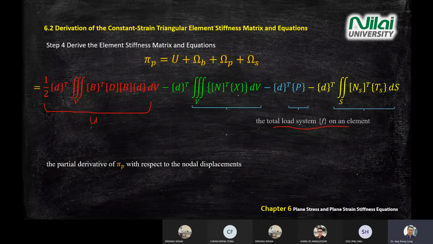This is U, while these three are the loading on the system. First one, the green color, body forces. This one is the concentrated load. This one is the distributed loading.